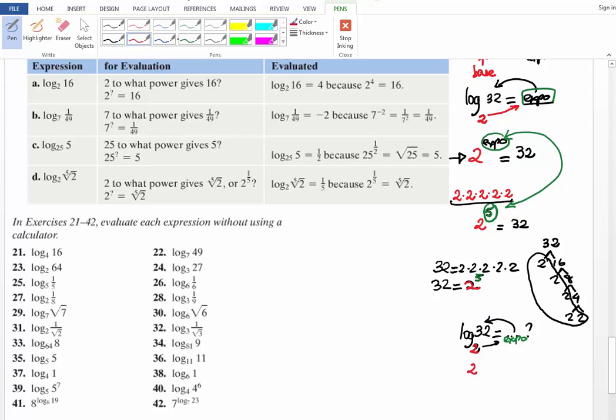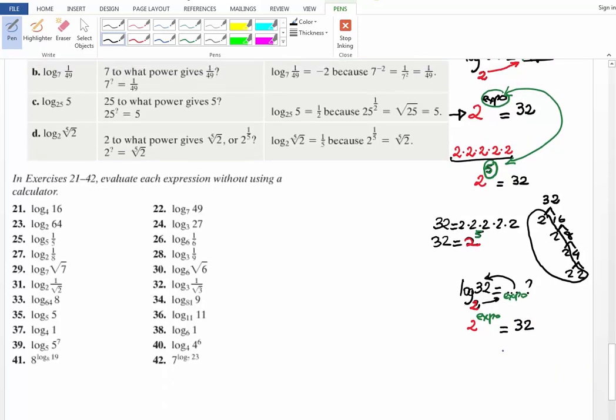You could say, okay, 2 to my mystery exponent is equal to 32.